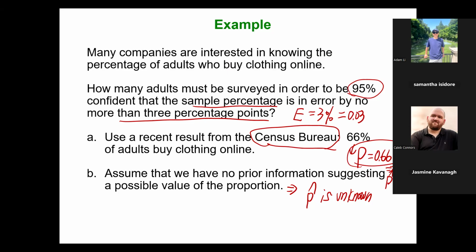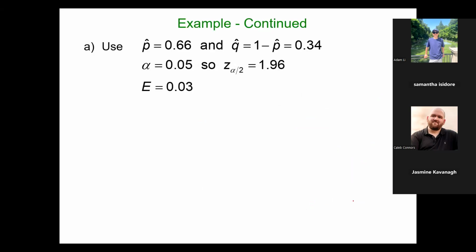The second case is P hat is unknown, so this covers two different scenarios. For the first case, P hat is 0.66, Q hat is 0.34, which is 1 minus P hat. Alpha is 0.05, so the critical z-score is 1.96. And the margin of error is 3%.